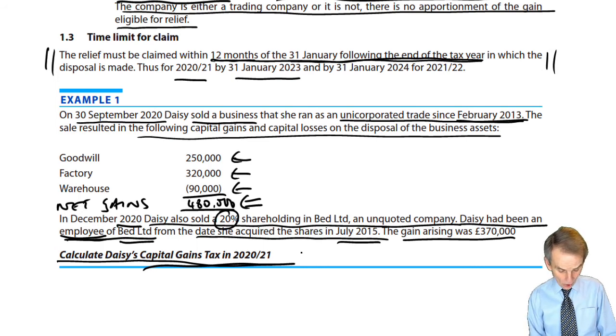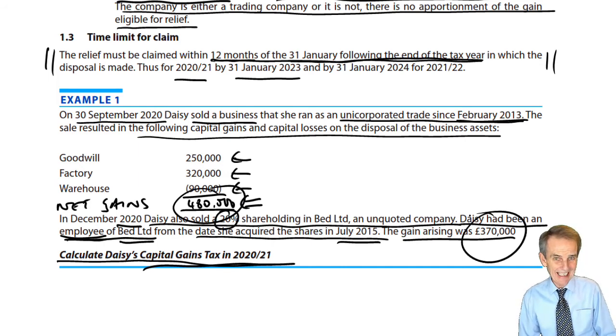If the arithmetic was correct, you know what the gains are. You know that you have an AEA each tax year, and that all of these gains total less than £1 million, so the 10% business asset disposal relief rate will be available to you. Pause for the moment, work that out, and when you join me back again, we'll have a look at the answer to confirm your correctness of answer. I look forward to it.